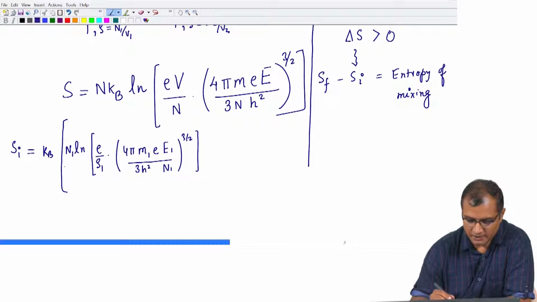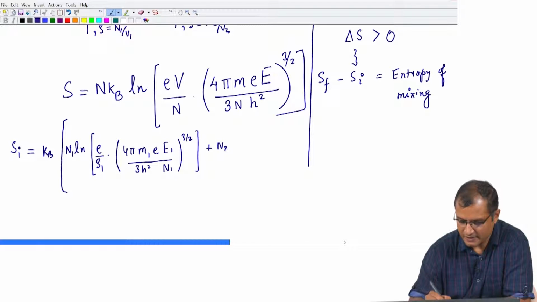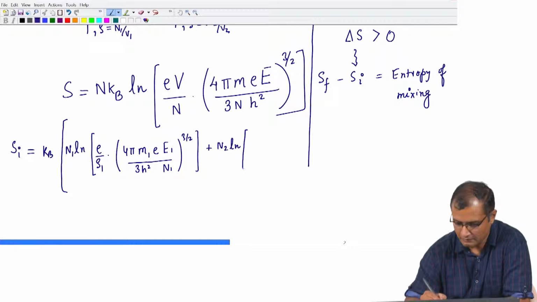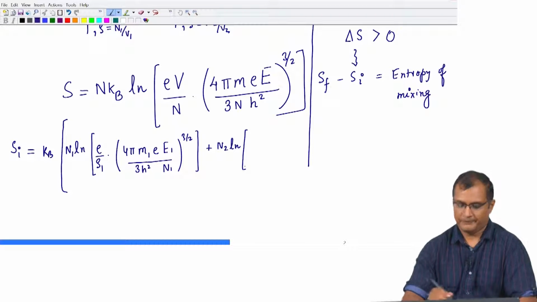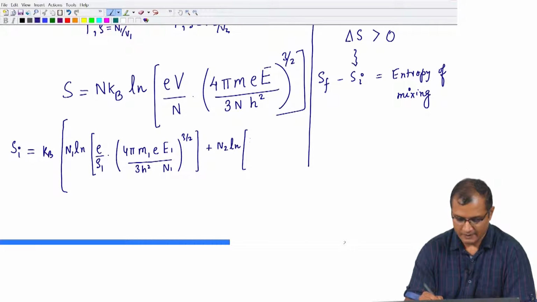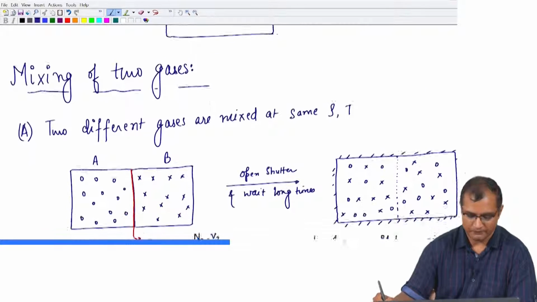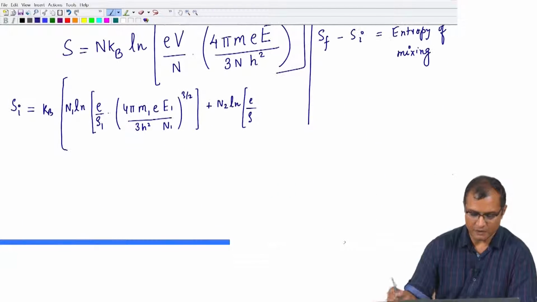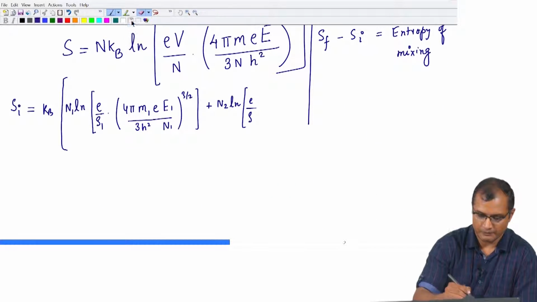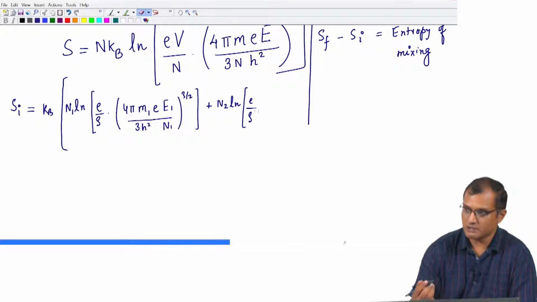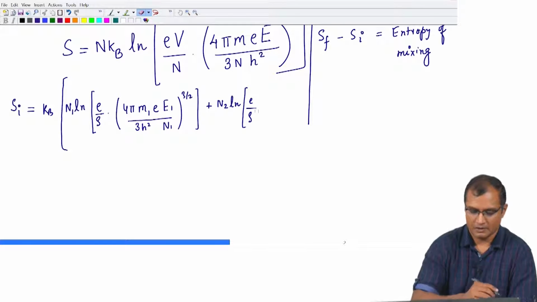So, for the initial entropy I am taking the sum of A and B, plus I am going to write down the entropy of the second, which is N2 ln e by, and since the densities are the same, I am going to write down just rho, because rho 1 and rho 2 are just rho.